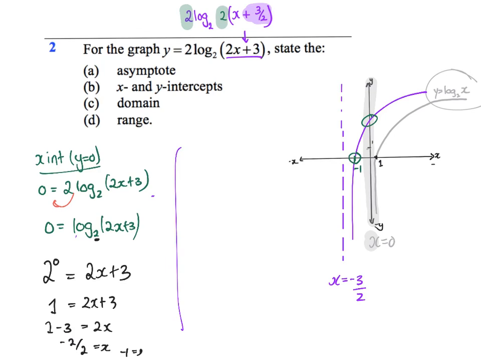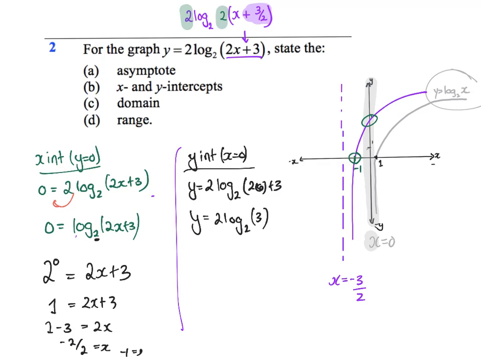And now we'll do the y-intercept. When is that? X equals 0. Good. So you've got y equals 2 log 2 of (2 times 0 plus 3). So y equals 2 log 2 of 3, yeah?